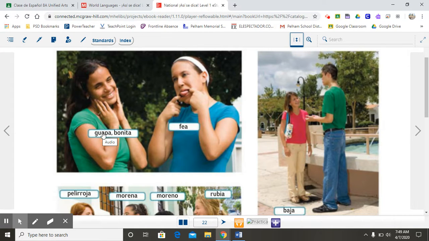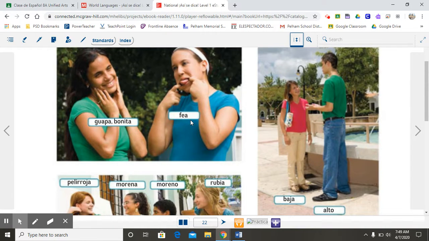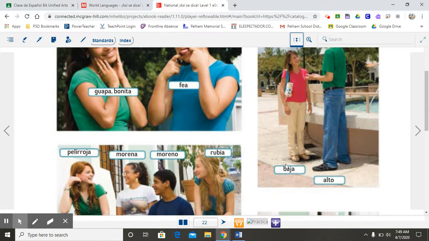If you want to keep it simple, both of these mean pretty. If you want to challenge yourself, both of them mean pretty, and this one specifically means attractive or good looking. Okay? Fea means ugly. Feo, if it was a boy, ugly. So we have pretty, good looking, ugly. All right? Let's keep going.